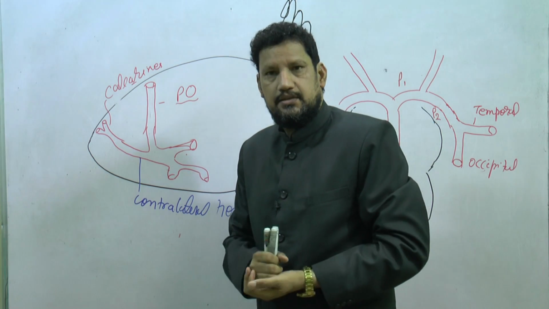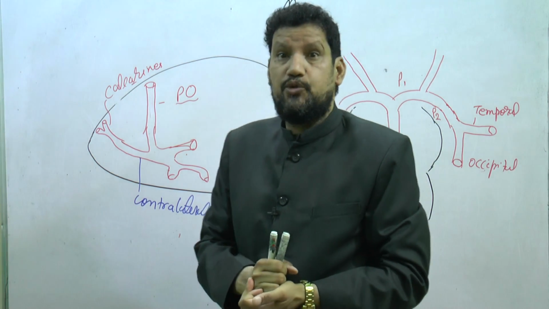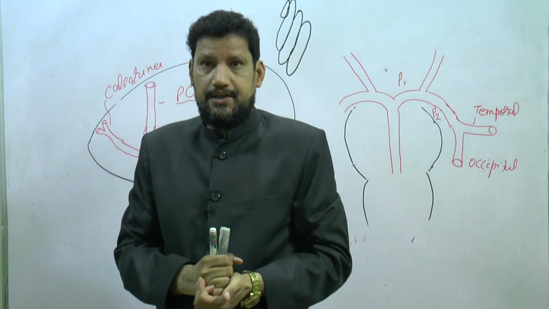So these are the cortical branches of the posterior cerebral artery.